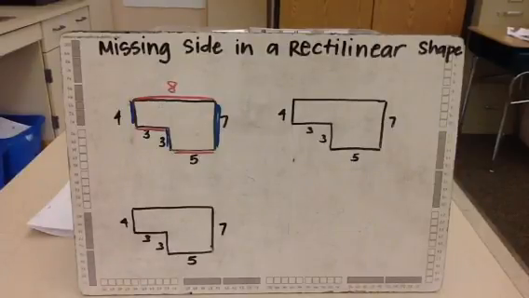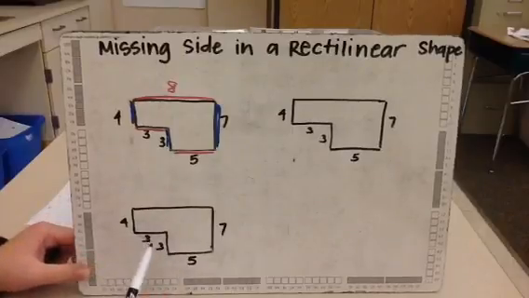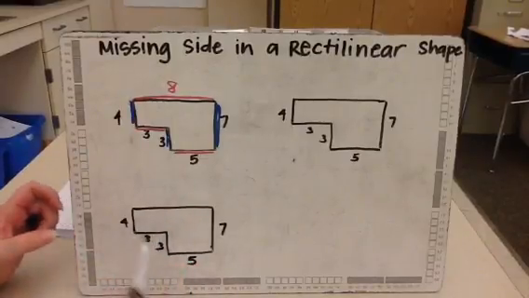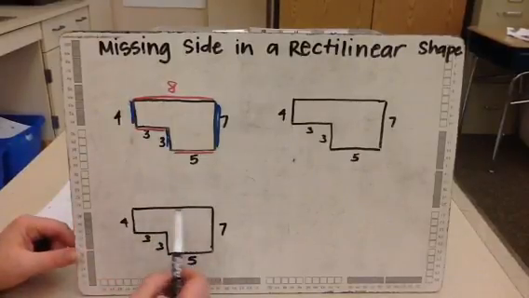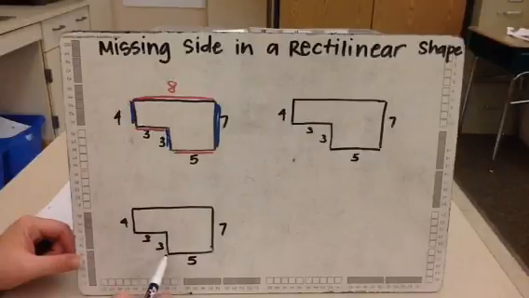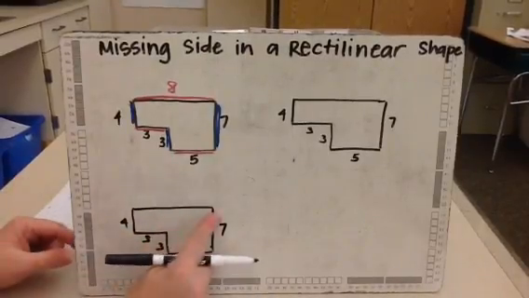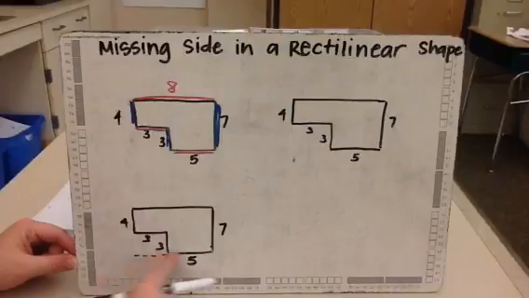The next strategy that I'm going to talk to you about is kind of similar. Here I'm trying to find this length. Remember in rectangles, opposite sides are equal, so this length would be equal to this length if it existed. It doesn't exist, it's chopped off here, but if it existed, this side would be equal to this.